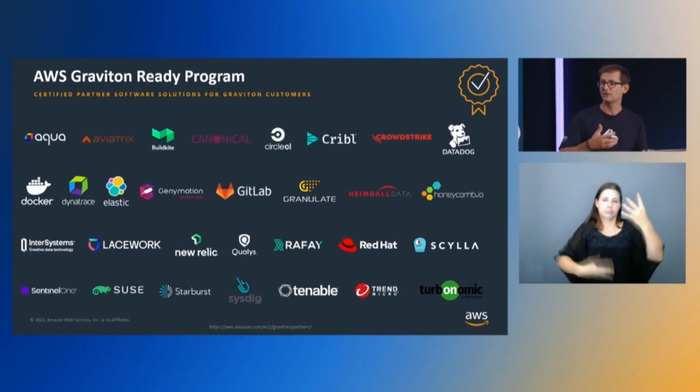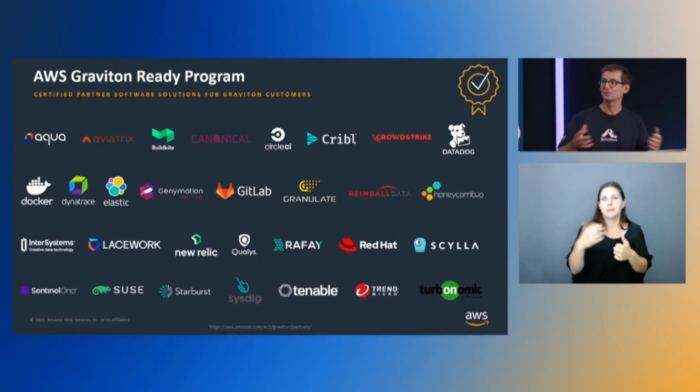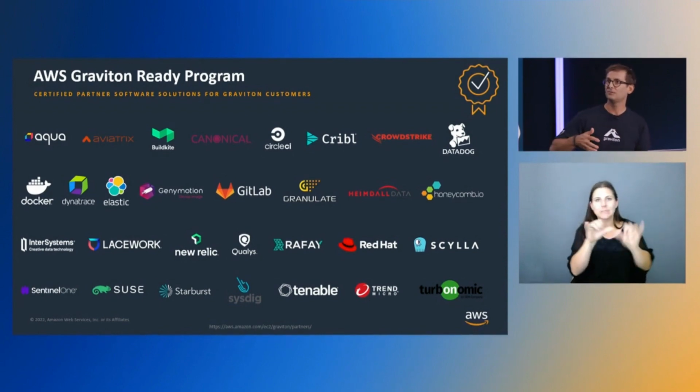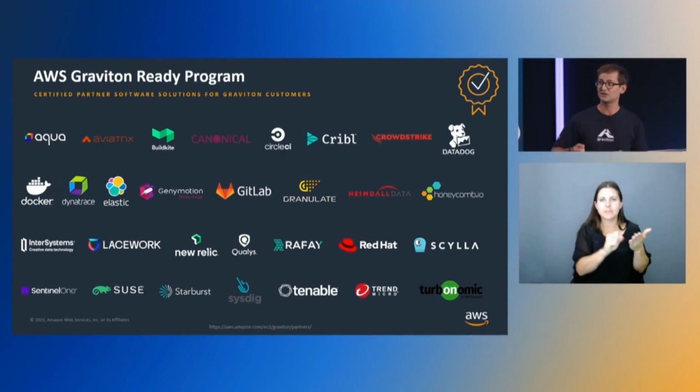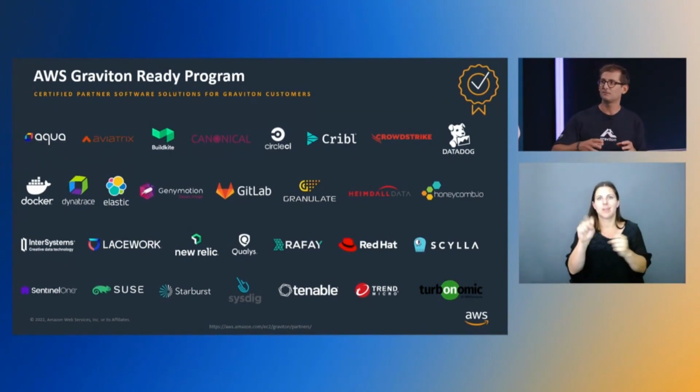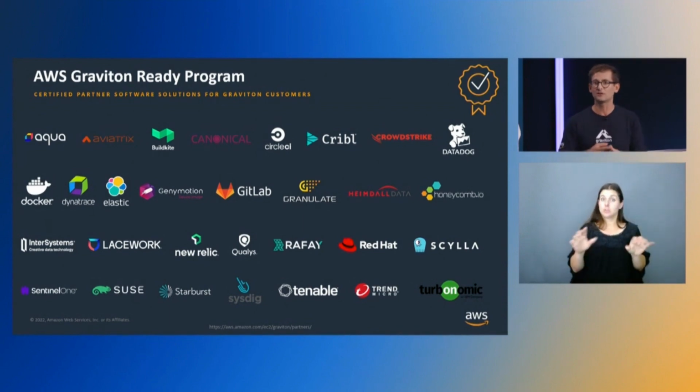There's a solid ecosystem to help us design those chips. And maybe more importantly than that, there's a super solid software ecosystem. The architecture has been around for a while, so there's support at the Linux level, there's support from a vast majority of open source software.